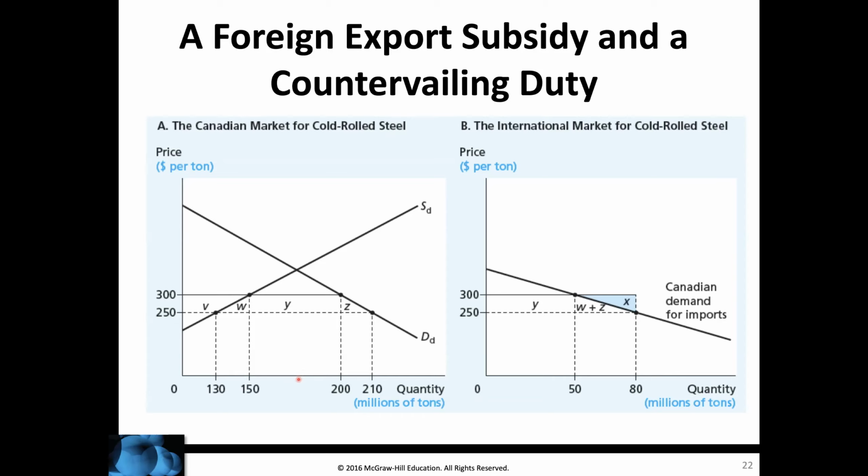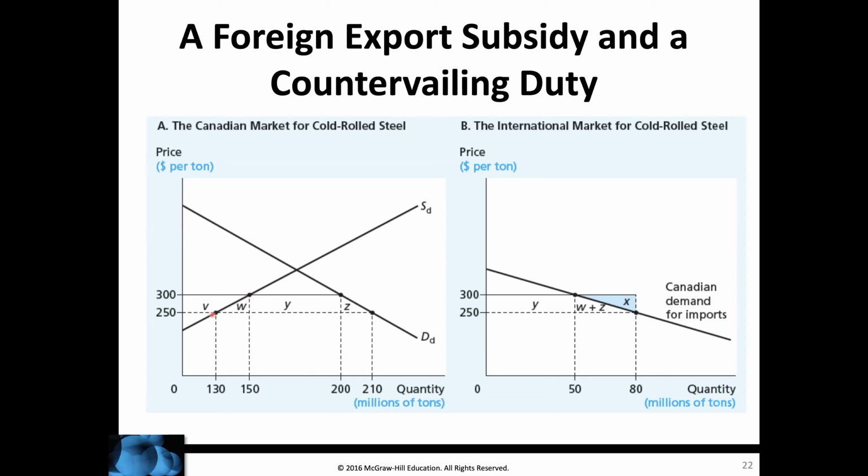The Brazilian government offers a subsidy of $50 per ton exported. So if all of this is passed on to buyers, the export price declines to $250 per ton, as opposed to the 300. Canadian imports increase to 80 million tons.